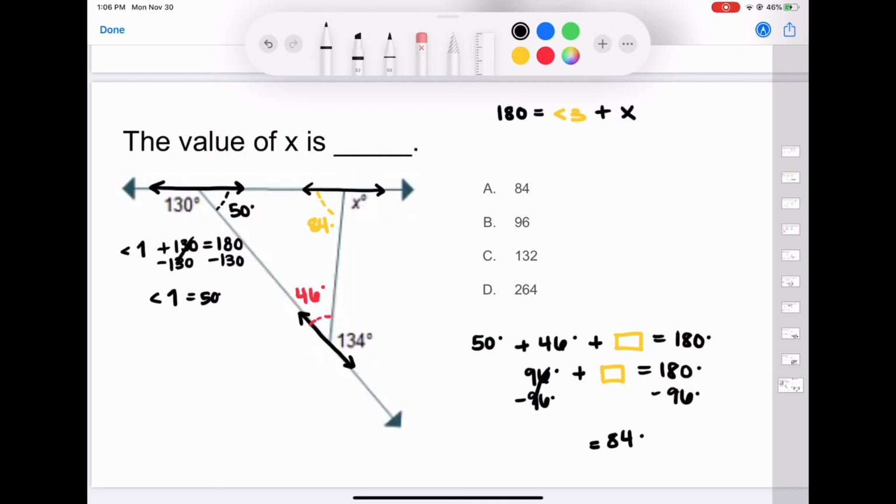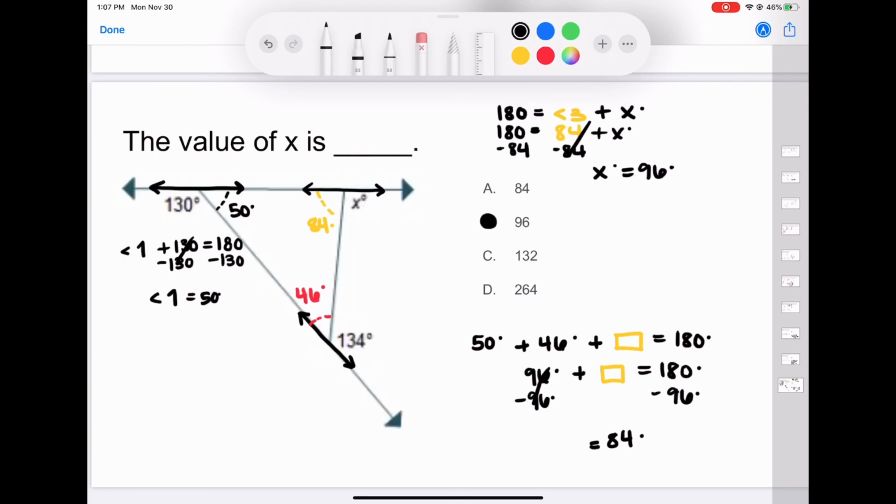Plus my missing angle will give me 180. So I'll plug in what I already know. Minus 84, minus 84. What does that give me? 180 minus 84 gives me 96. So x is equal to 96, and thus I found my answer.